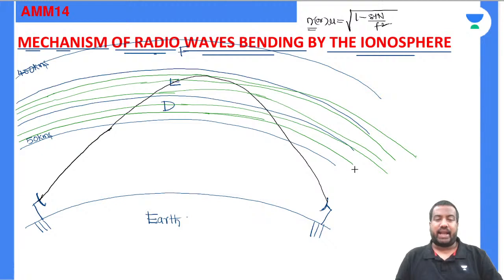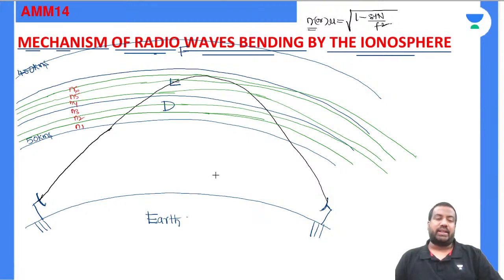Let the refractive index be given by N1, N2, N3, N4, N5, N6. As we have already discussed, this N value will be far greater than 1 when it is very close to the Earth's surface.